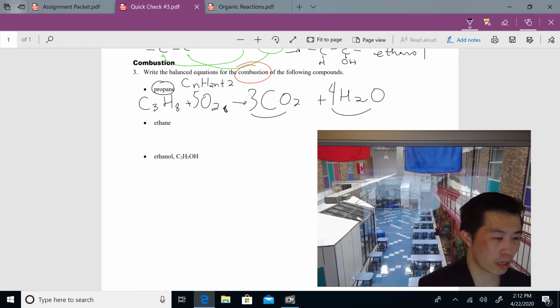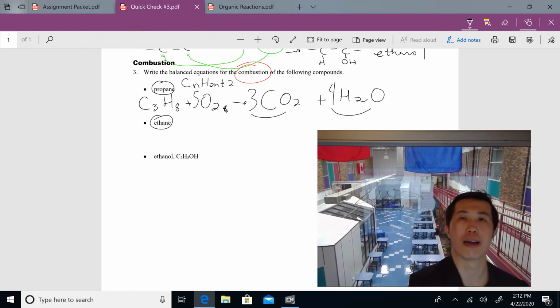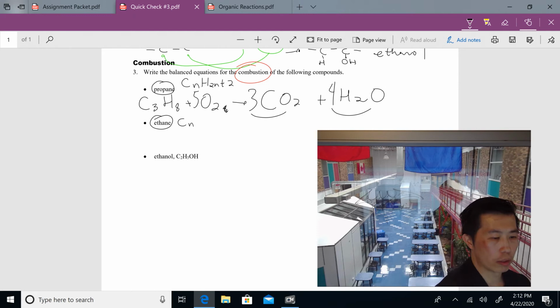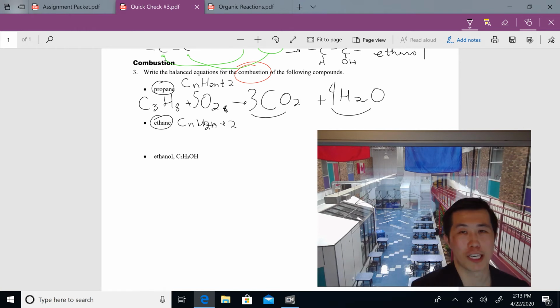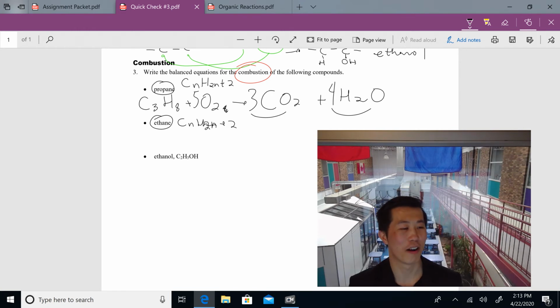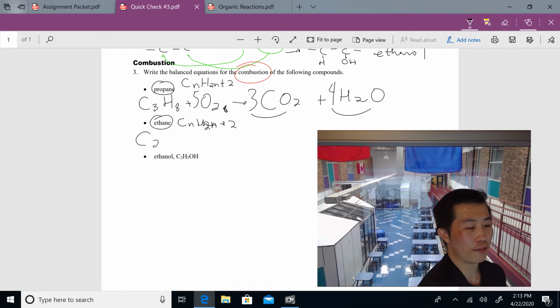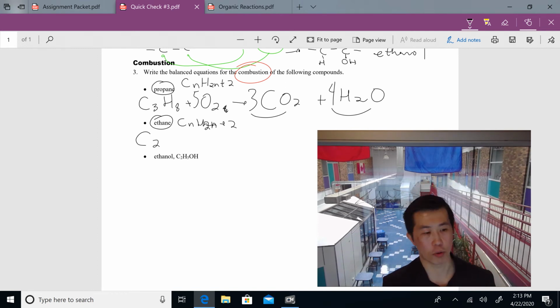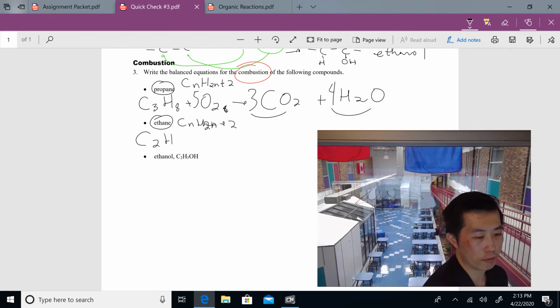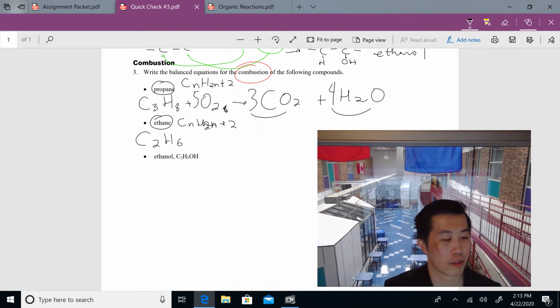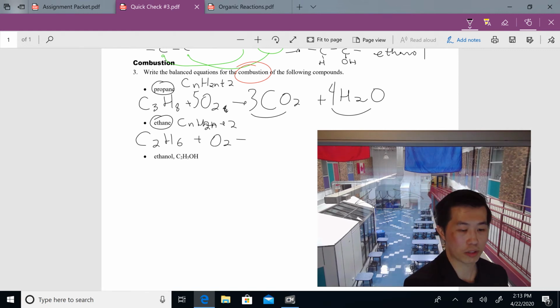Okay? Now, here is another alkane. So it is CnH2n+2. Sorry about my penmanship there. But what we have is, since we know it's C2 for ethane, then therefore the number of hydrogens is going to be 6. You once again just have to burn this, show that you understand that.